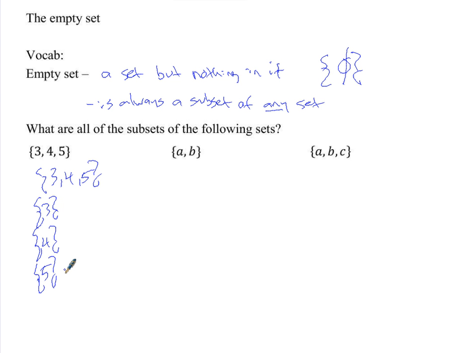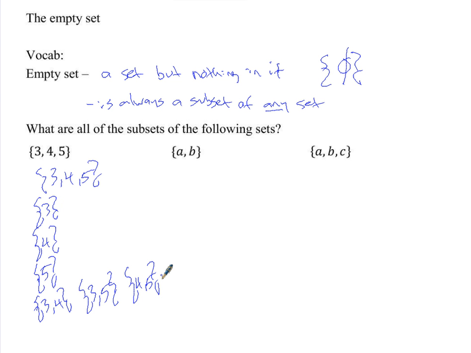Basically, every possible combination of elements is going to be a subset. So 3, 4 is a subset. 3, 5 is a subset. 4, 5 is a subset. 5, 4 is the same as 4, 5, so you don't have to rearrange the numbers.